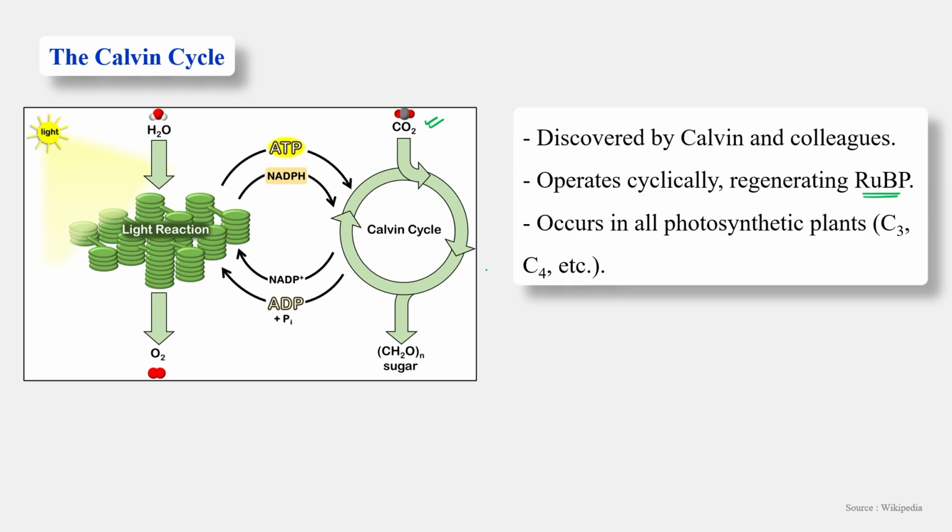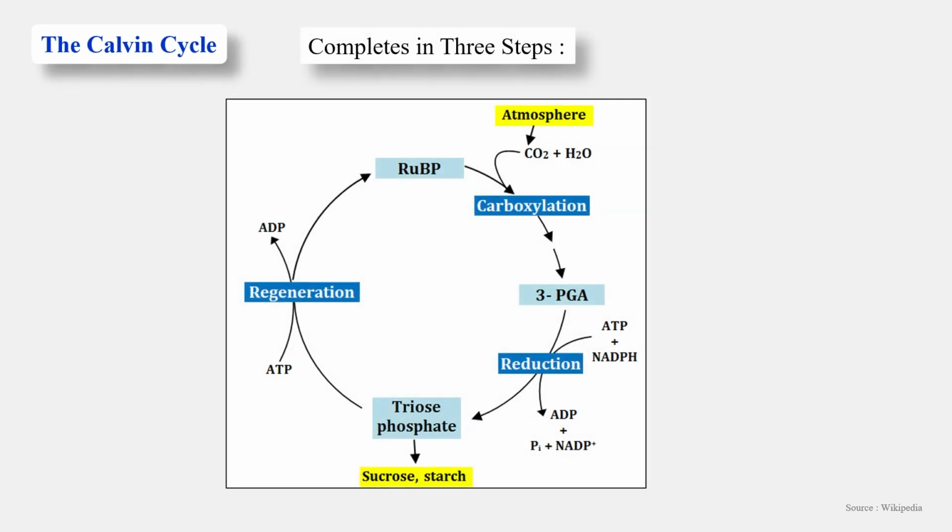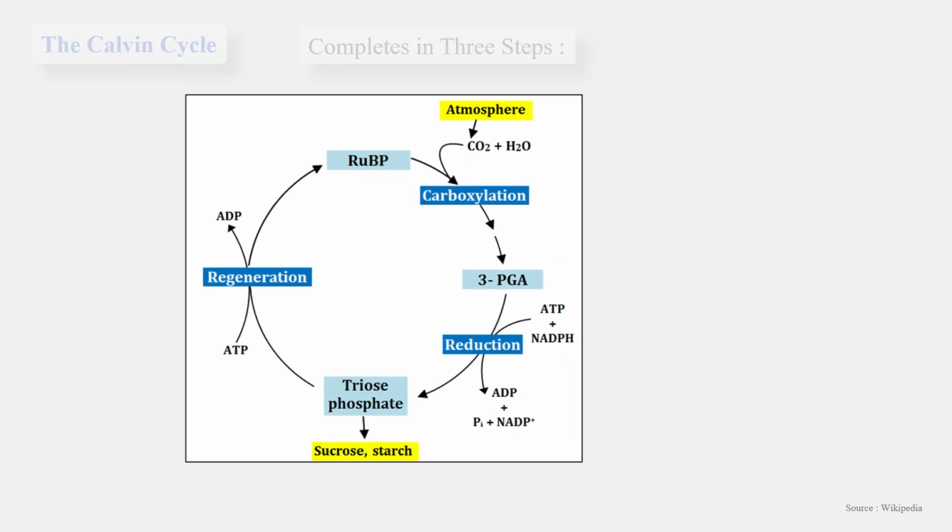And what is the primary acceptor? That is ribulose bisphosphate. The Calvin cycle completes in 3 steps. First is carboxylation, then reduction, and third is regeneration. As we have discussed, ribulose bisphosphate is the primary acceptor of carbon dioxide.